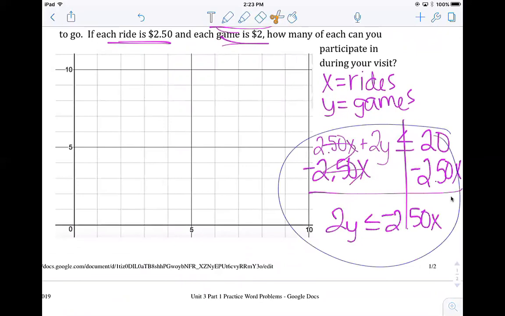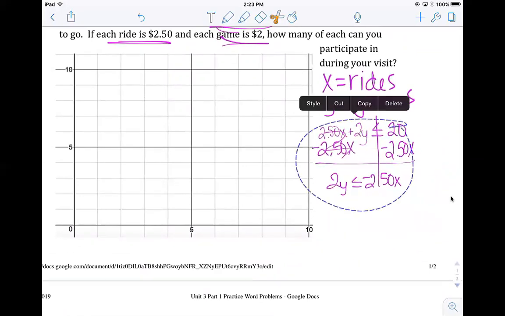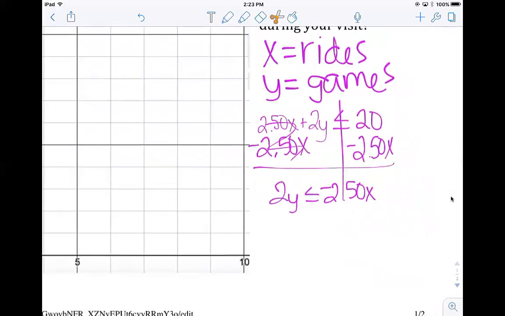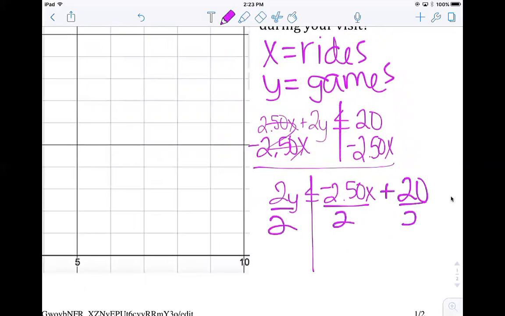And I wrote way too big. Okay, plus 20. Okay. So from here, we still do not have y by itself, so we're going to divide every part by 2.